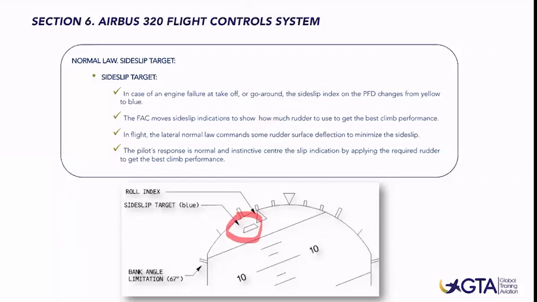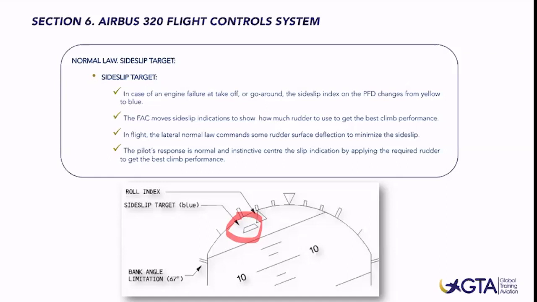Why does this trapezoidal shape change to blue? Basically, the FAC, the flight augmentation computer, moves this part to give the pilot an idea of which rudder to apply to remove this yaw moment and keep the aircraft well centered on the runway or on the flight center line.